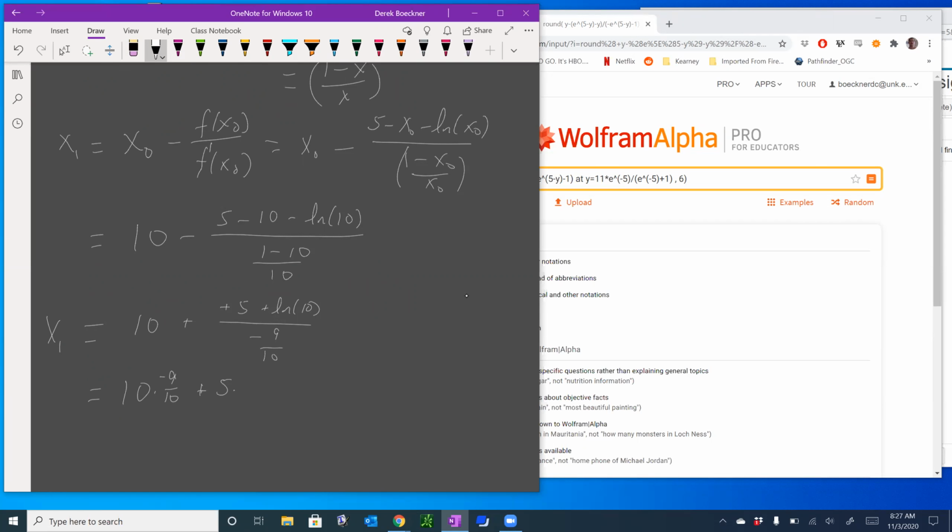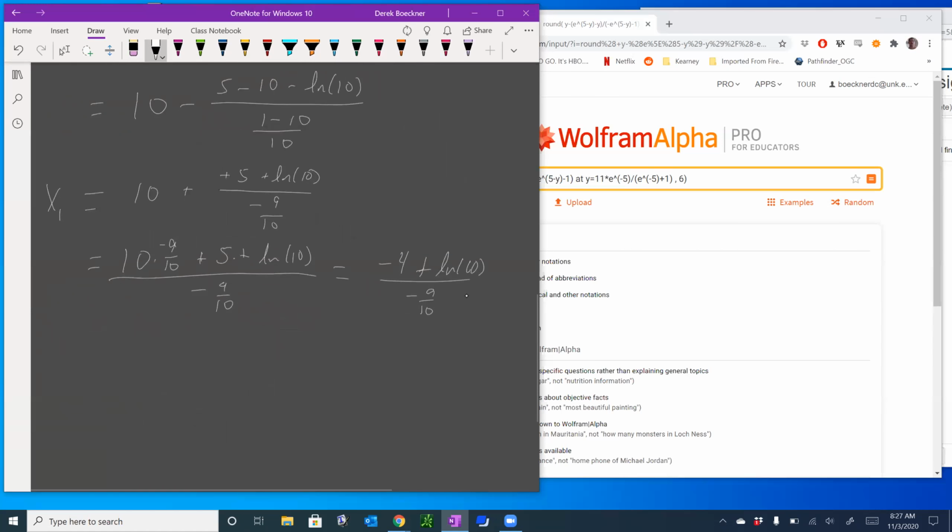That's still plus. Okay, that's minus 9 plus 5 is minus 4 plus natural log of 10 over minus 9 over 10. So that's minus 40 plus 10 natural log of 10 over minus 9.